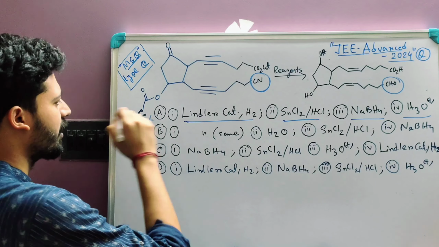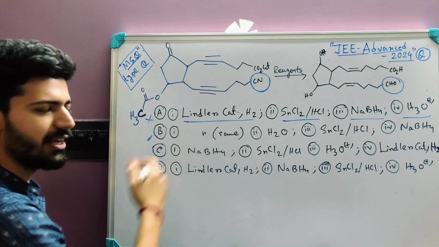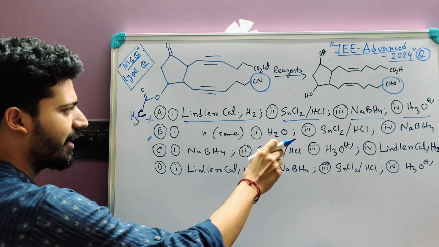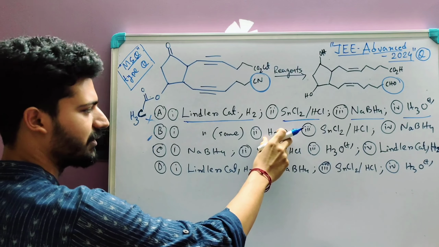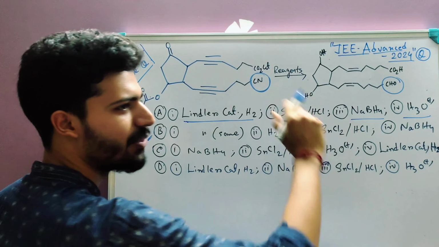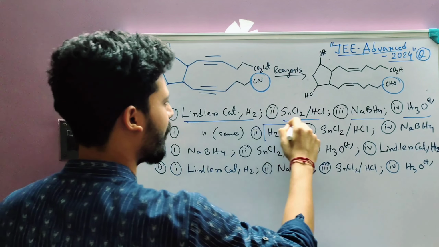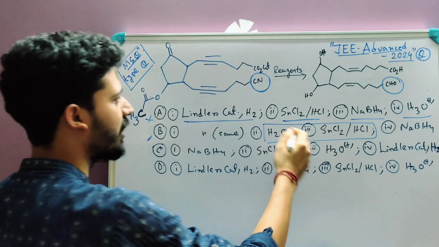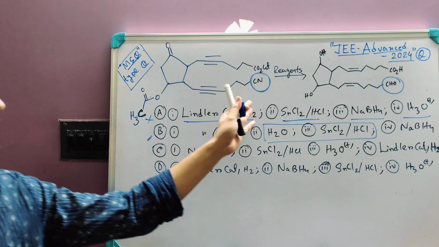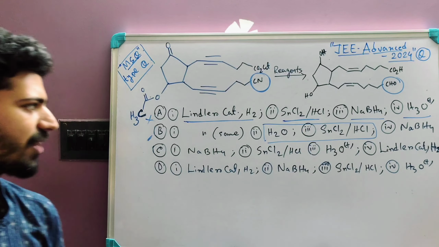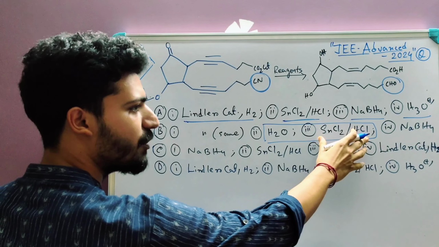In the second option you can see the Lindlar catalyst is also given, then water is given first, and then SnCl2/HCl. So we can't get CN to CHO by this type of reagent, because water alone cannot convert CN to CHO. First we need to understand the SnCl2/HCl purpose.